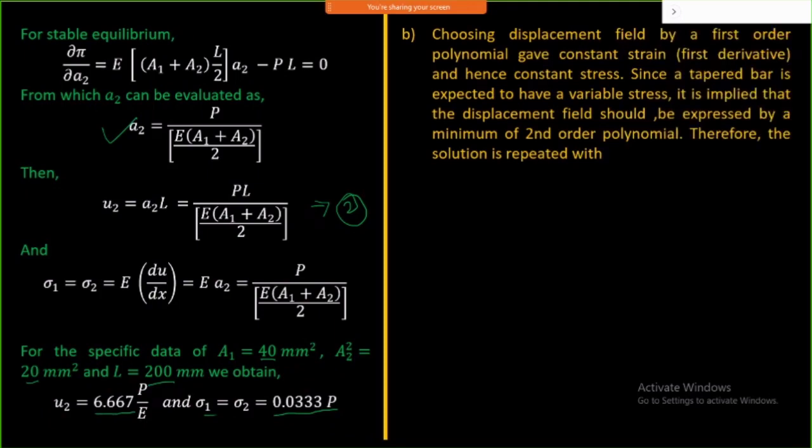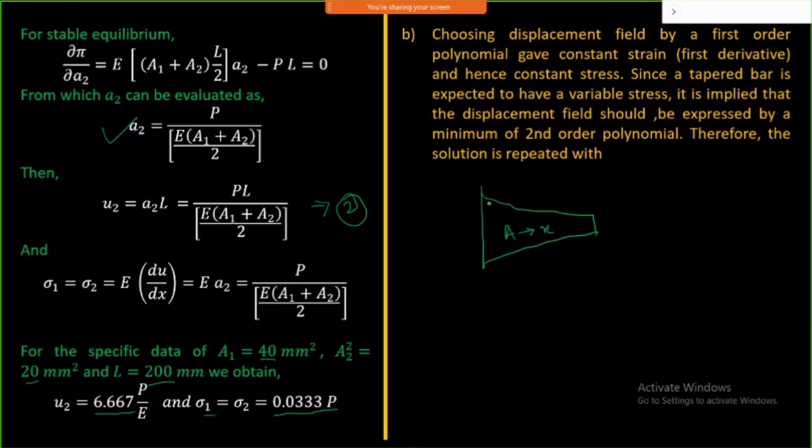Now we'll look at another case. So we are choosing a displacement field in first order polynomial, which gives a constant strain as the first derivative, hence the constant stress. Since the taper bar is expected to have a variable stress, see here we are assuming this taper bar's area is varying with respect to x.